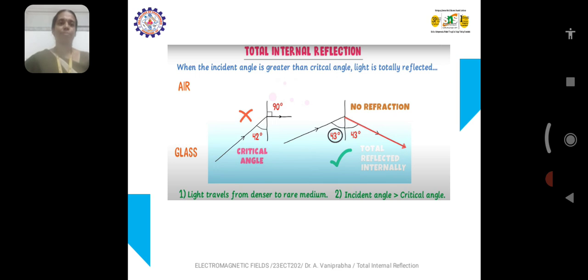For better understanding, see these two diagrams. The critical angle of glass is found to be 42 degrees. If the angle of incidence is less than 42 degrees, does total internal reflection occur? No, definitely not. Whenever the angle of incidence is greater than the critical angle, total internal reflection occurs within the same medium.